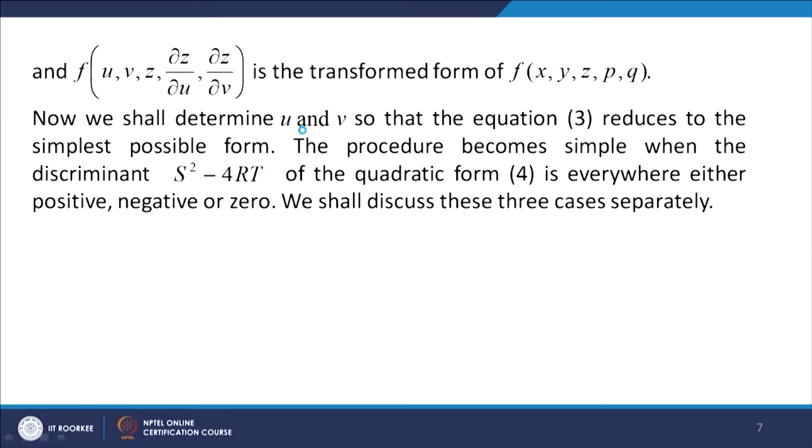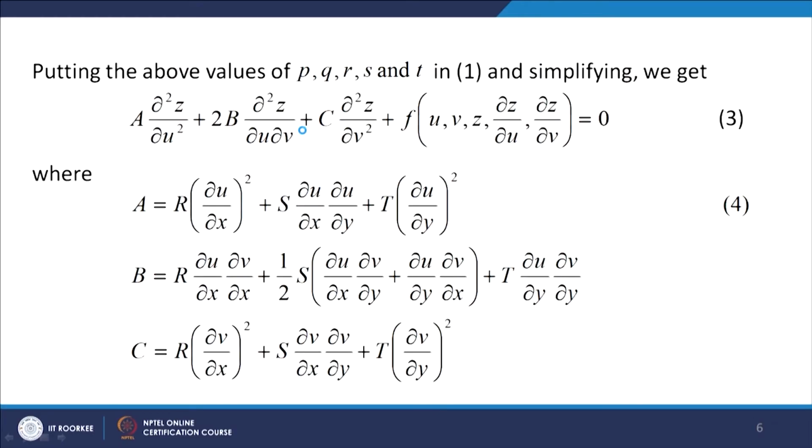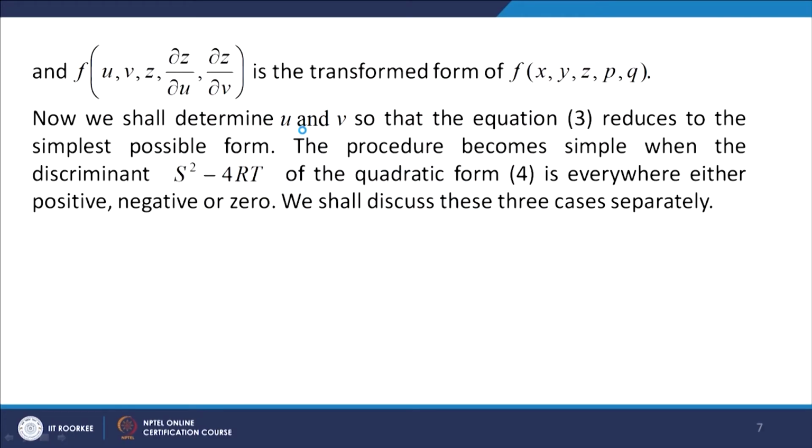We are doing this to make the equation integrable. So, the procedure becomes simple when the discriminant s square minus 4rt of the quadratic form 4, this is the quadratic form r u_x square plus s u_x u_y plus t u_y square, okay. So, this discriminant is everywhere either positive, or negative, or 0.